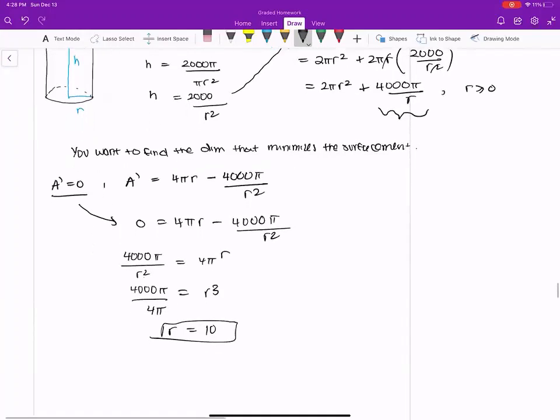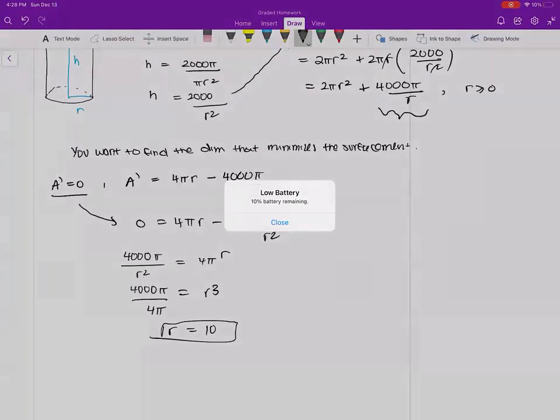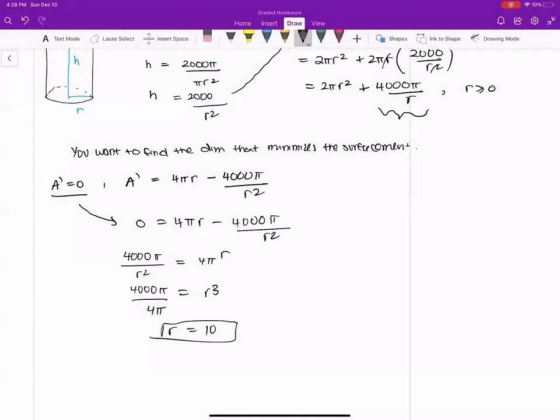But the thing is, you want to check if r is in your domain, and whether r is the minimum point.